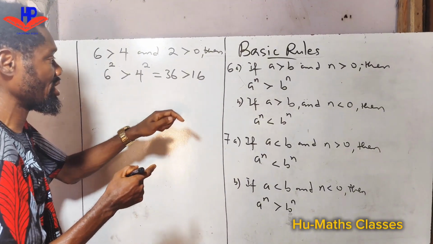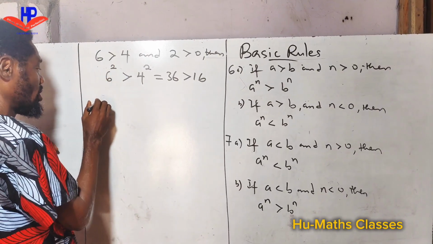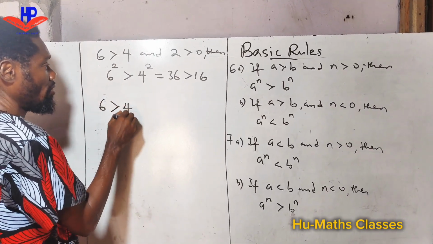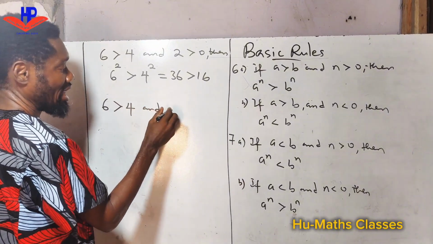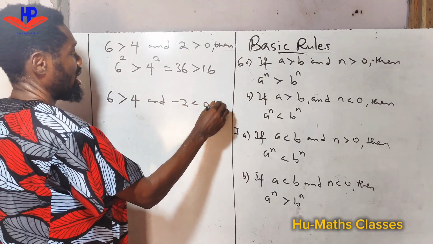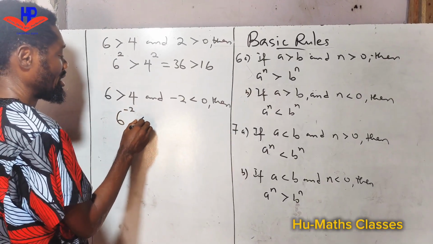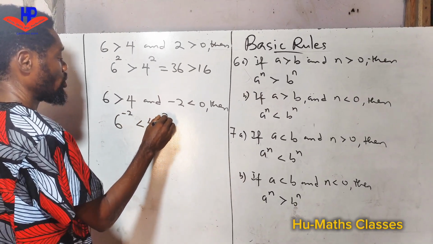The B part says that if A is greater than B and N is less than 0, let me still use 6 greater than 4 and N less than 0. Let's use minus 2, less than 0. Then 6 raised to power minus 2 will be less than 4 raised to power minus 2.